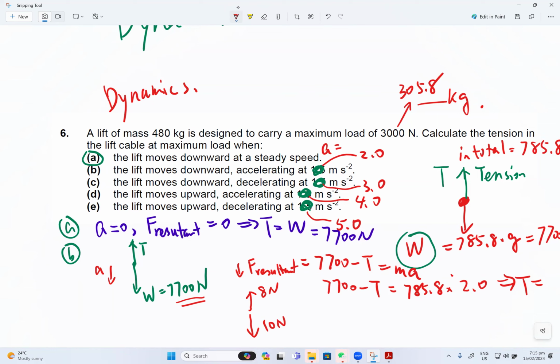Why is it 2? Oh, I changed the value. Try to redesign the question. Question B. Barry, what's the answer for question B? 9,000? Really?